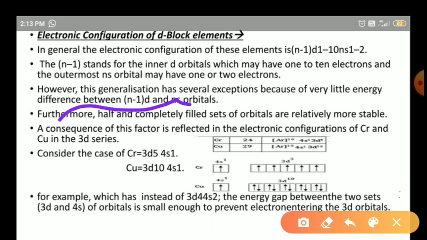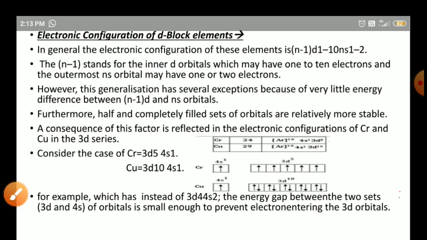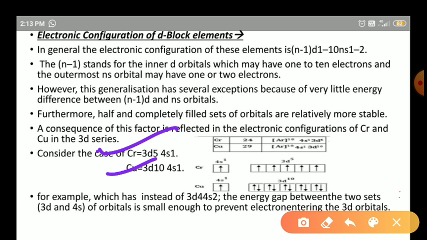Half-filled and completely filled sets of orbitals are relatively the most stable. The copper and chromium: chromium is half filled and copper is completely filled.